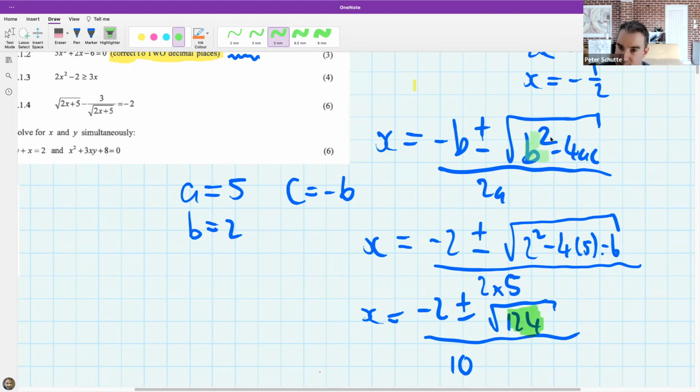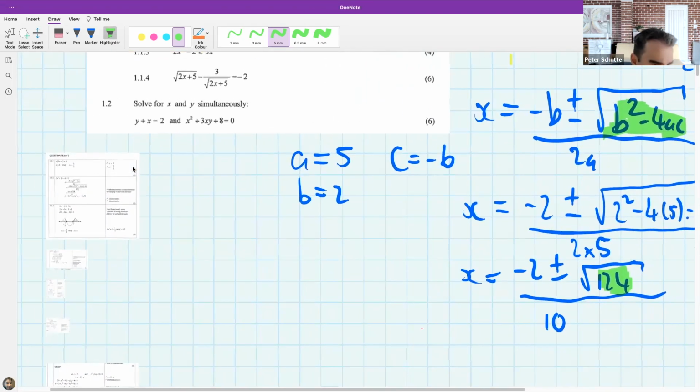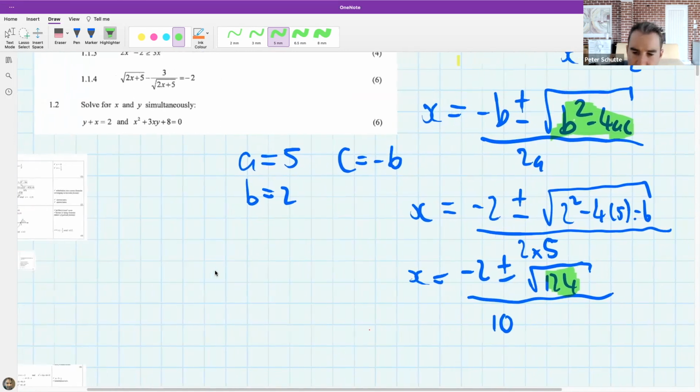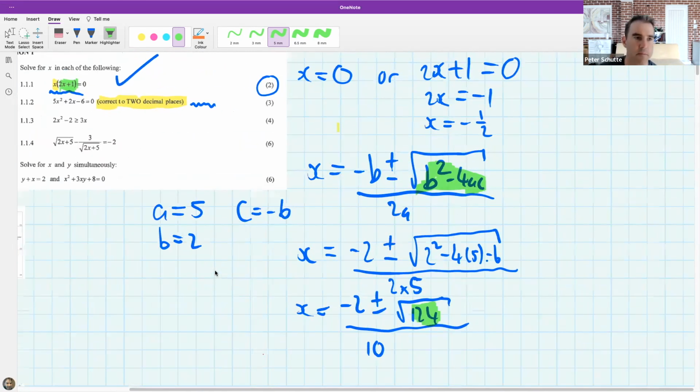It's this thing over here, and that's going to come up later in the question. So let me just check my answers. I see Nolitando has agreed with it. Is indeed minus 1,31 and 0,91.